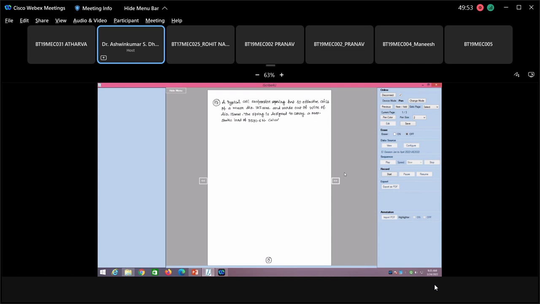Calculate the shear stress and deflection under the above loading.